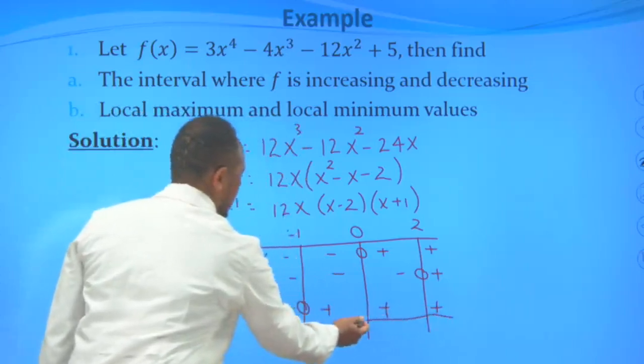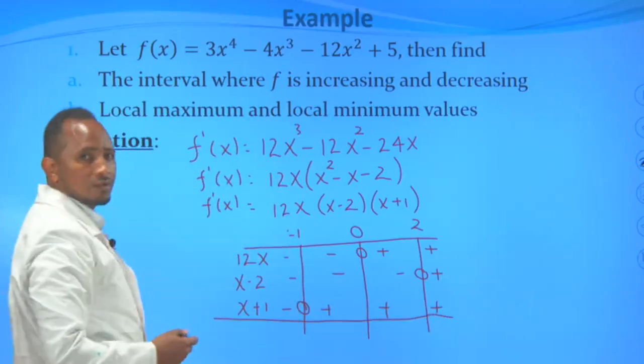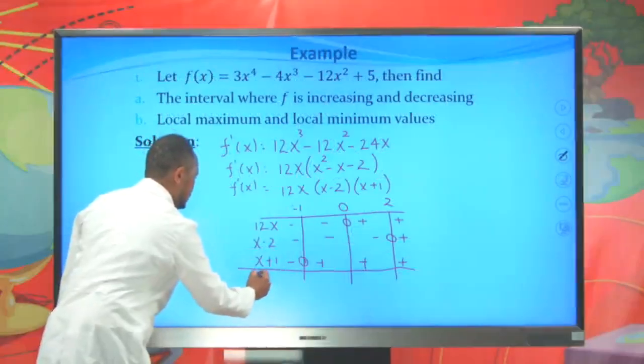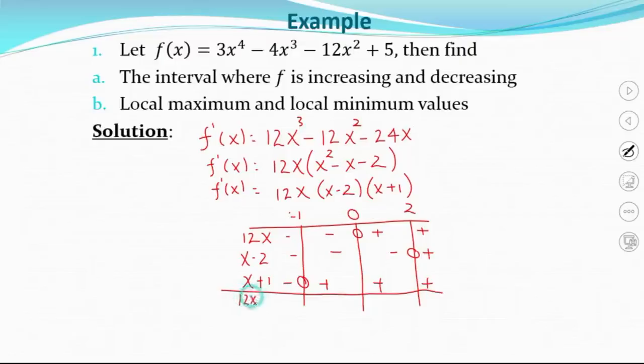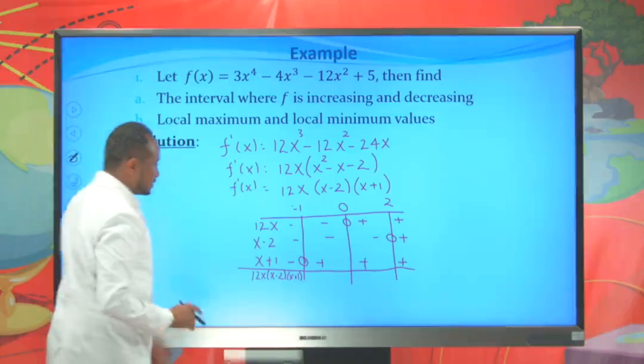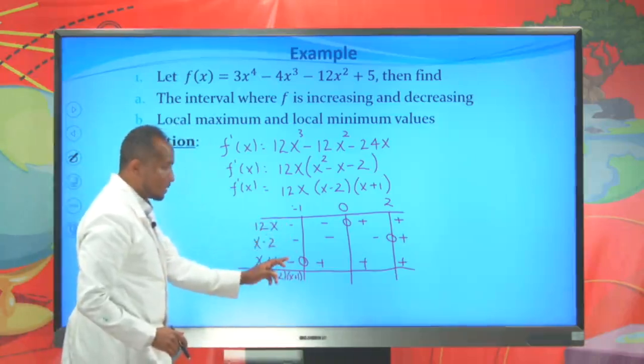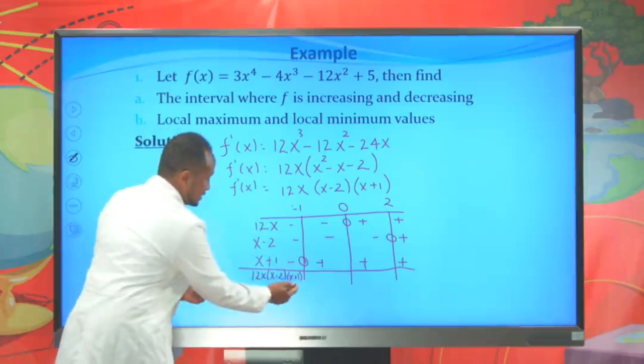Now I need to find the sign of the product, 12x times x minus 2 times x plus 1. For this part, the product will be minus times minus times minus, so it will be minus.